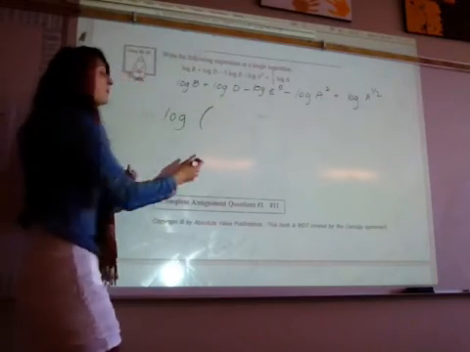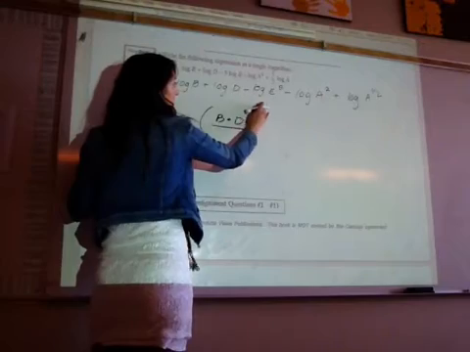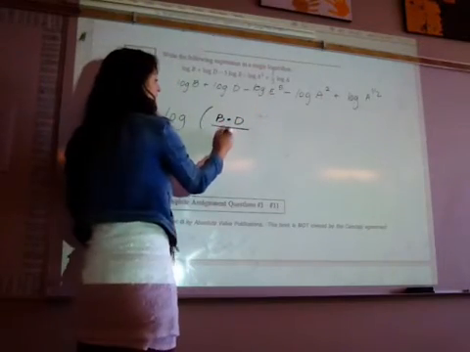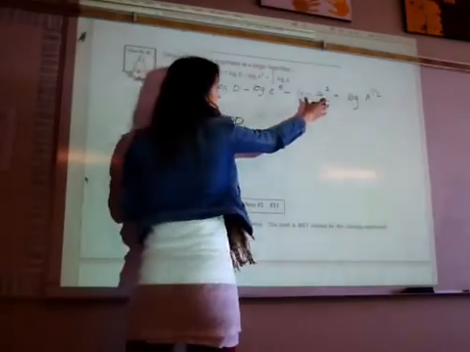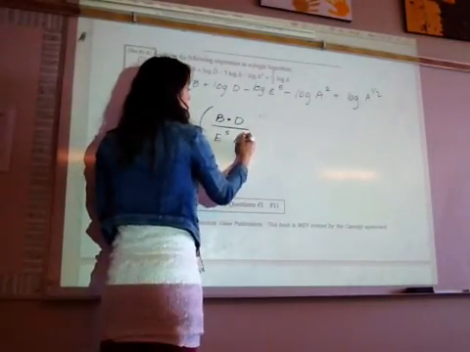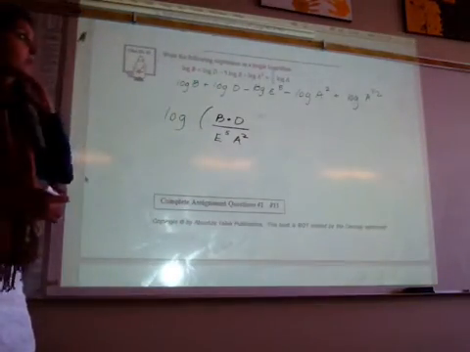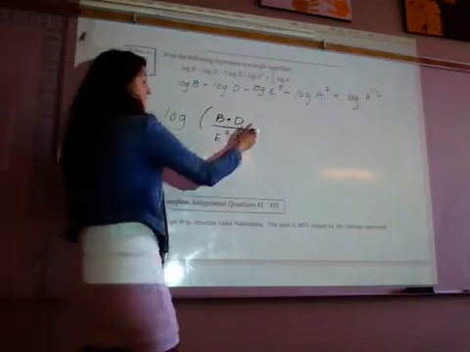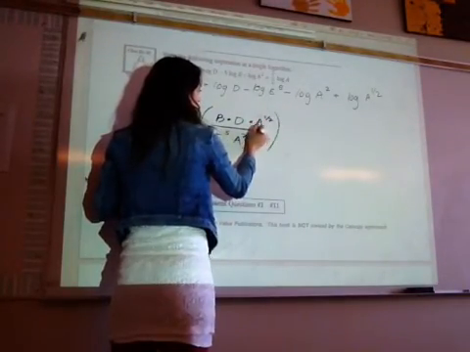And our argument will be b multiplied by d. We're subtracting, so e to the power 5 will be in the denominator. We're subtracting log a squared, so the a squared will also be in the denominator. And then we're adding log a to the power of 1/2, so the a to the power of 1/2 will be in the numerator.